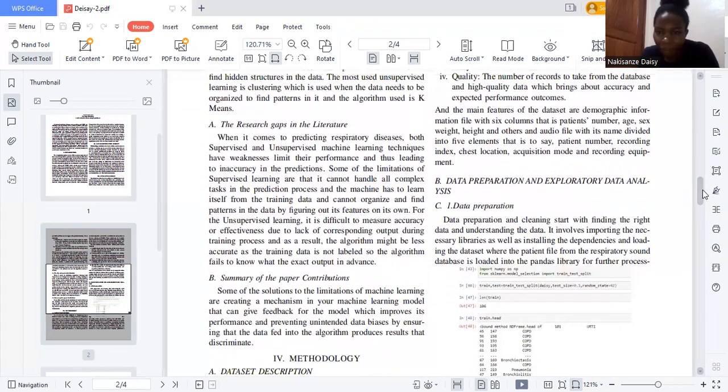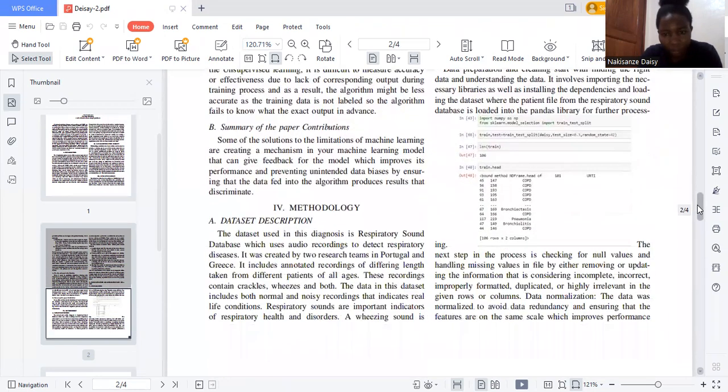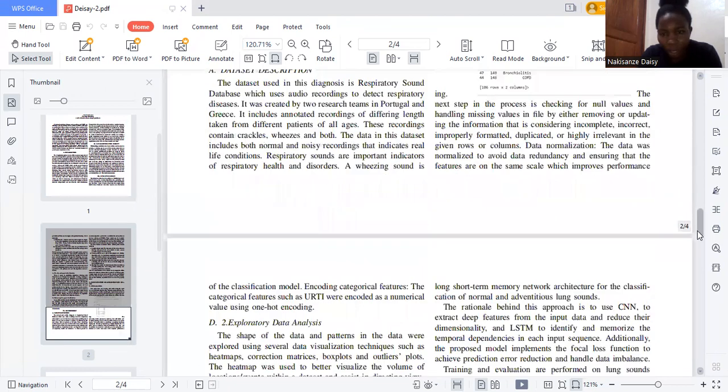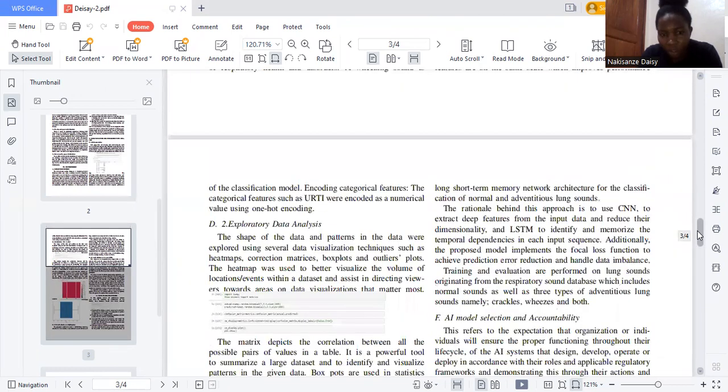I have the data preparation and exploratory data analysis parts.